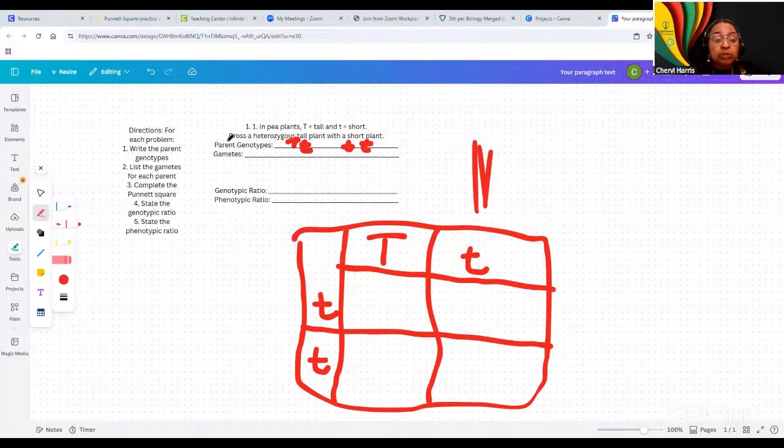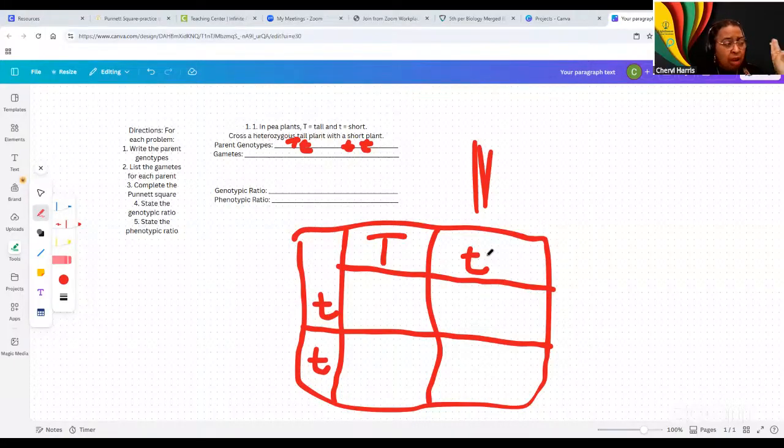So when it asks, what are the parent genotypes? One parent is heterozygous tall, which is what it says at the top. That means they have a big T and a little t. If they're heterozygous tall, the two alleles that they're carrying are not the same.